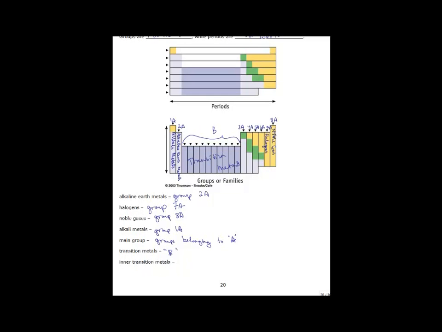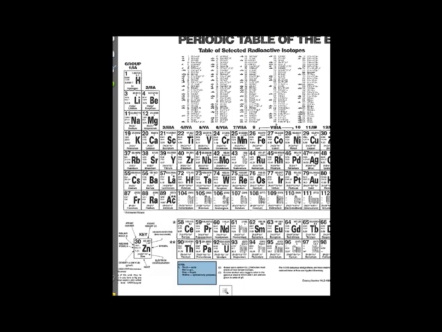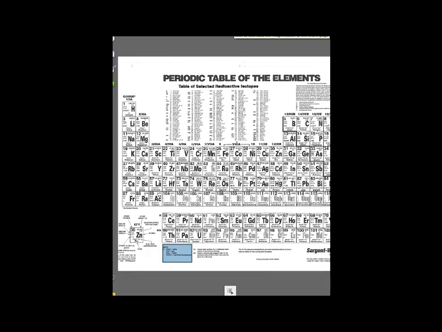Now your inner transition metals, this kind of island that I was referring to earlier. So this is your inner transition metal. These are referred to as the lanthanides and the actinides, but we don't get that specific. Now I want to point something out about the inner transition metals. Go to your periodic table. If you look at lanthanum, it's number 57.